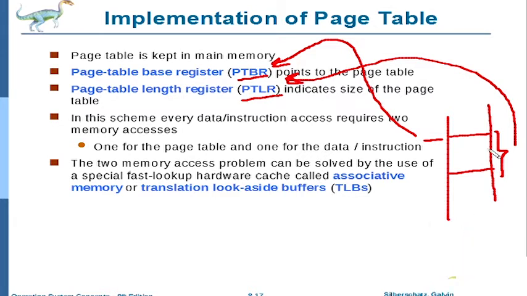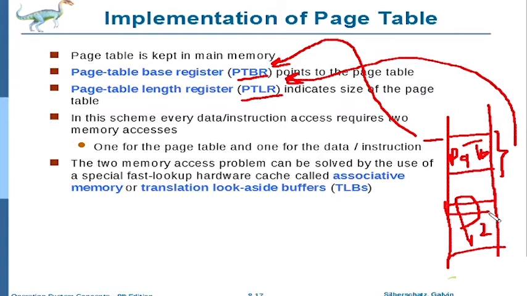But the problem is, if we want to read or translate an address for a process, let's say this is process P2, and this is the page table, right? This is the page table. So in order to go to another address, for example, this line in process 2 wanted to read this line, right?